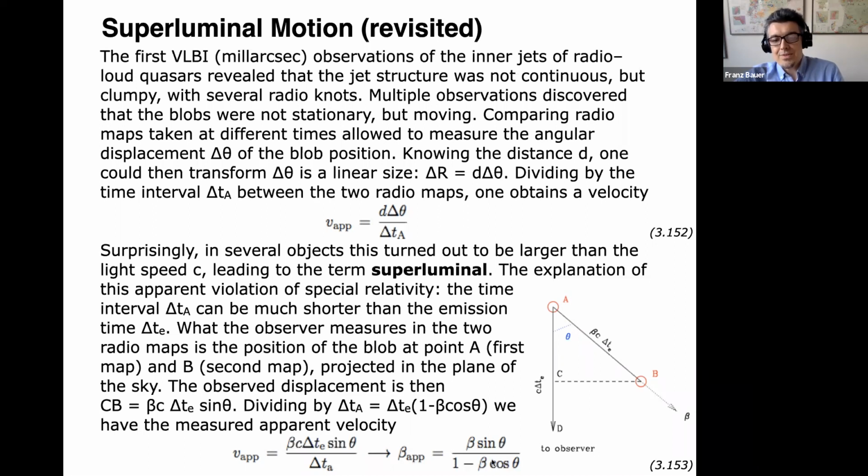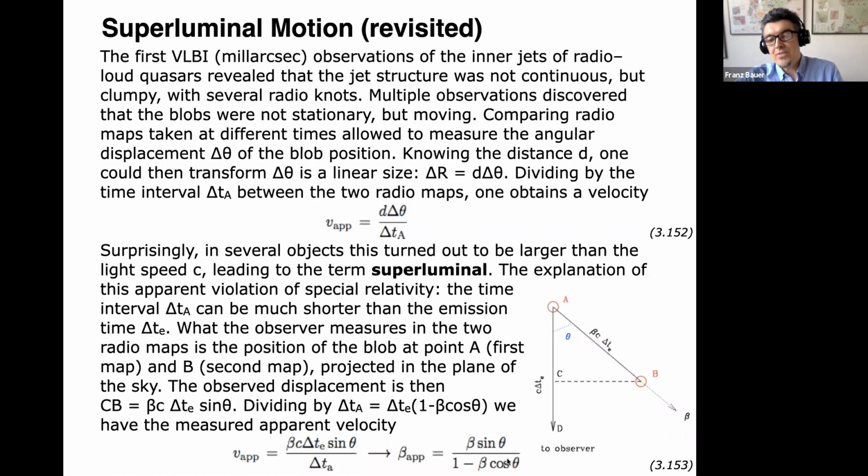Well, if you have some extreme, if the angle is 90, this is 1, this is beta, this is 0, and so we just have beta. It's moving at its proper speed. If the angle is 0, then this is 0, and so the apparent velocity is 0, right? Because it's coming along our line of sight.